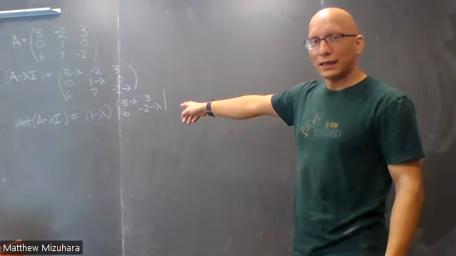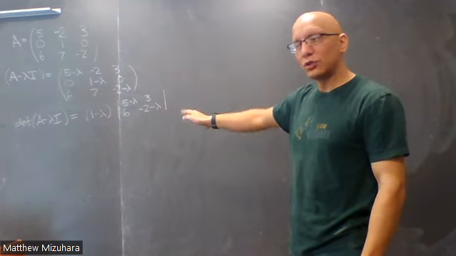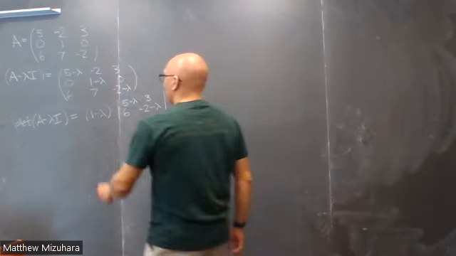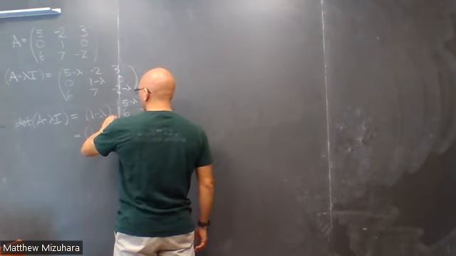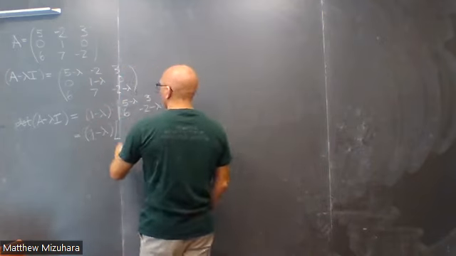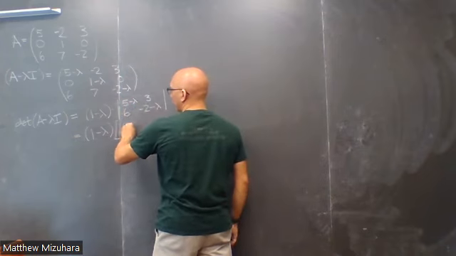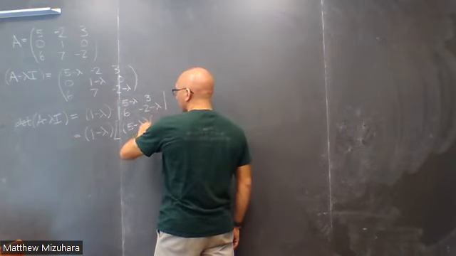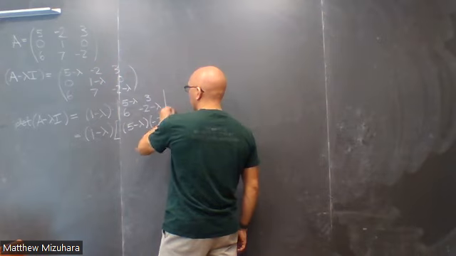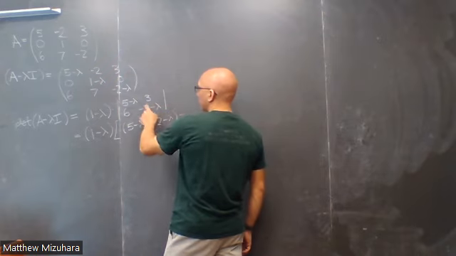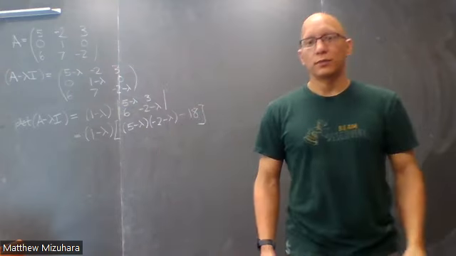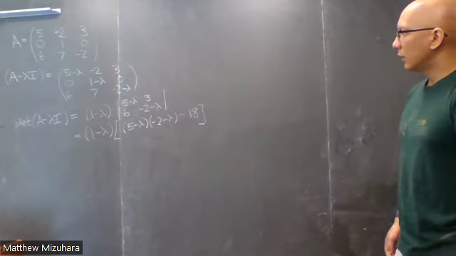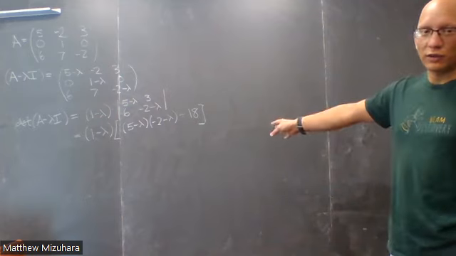And I can continue by calculating the determinant of that 2 by 2 submatrix. So let's go ahead and do that. 1 minus lambda times. So I can cross multiply to get my 5 minus lambda times minus 2 minus lambda, minus 6 times 3, which is 18. So we know we're going to want to factor eventually.